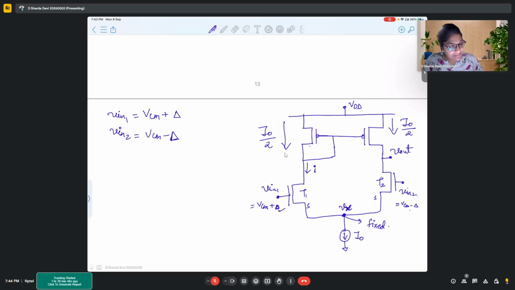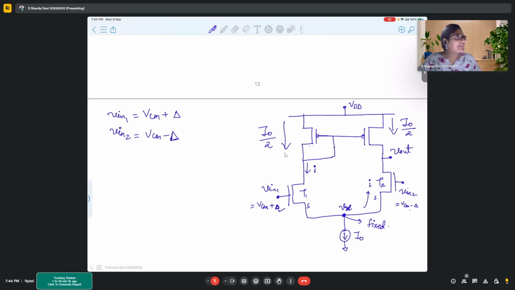So the current which is increasing in T1, the same amount of I current will move through T2 but in the opposite direction. Opposite direction means basically negative current.